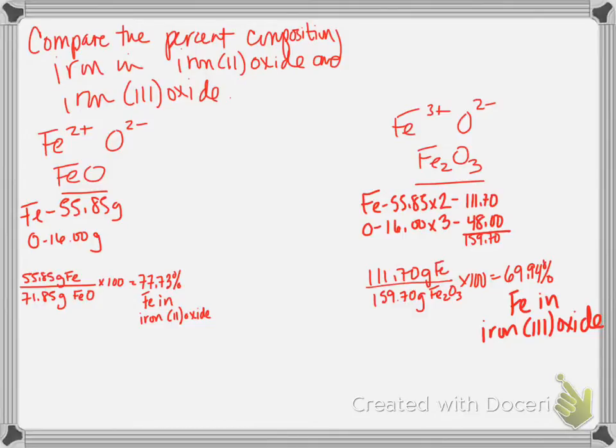If you were really going to compare them, you could say iron 2 oxide has 1.1 times the percentage of iron that iron 3 oxide does. You know, we could make some sort of numerical comparison. Obviously, you can say there's a higher percentage of iron in iron 2 oxide than iron 3 oxide. Fairly simple, fairly straightforward. Okay.